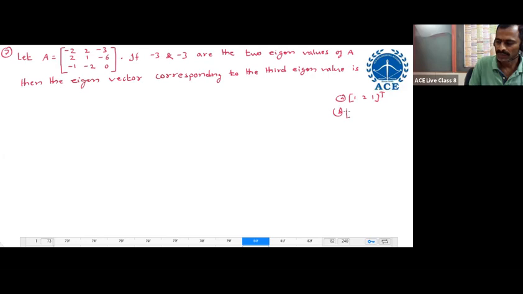Option B, (1, 2, -1) power t. Option C, (1, -2, 1) power t. Option D, (-1, 2, 1) power t.